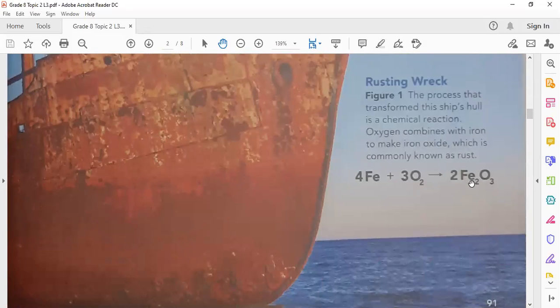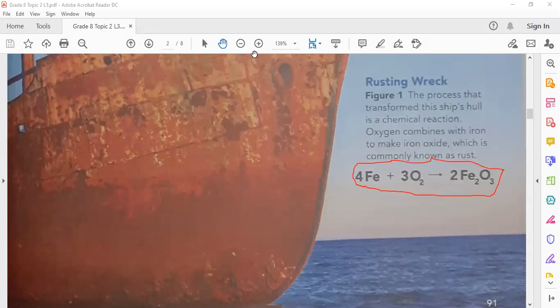Fe2O3 is the rust, or iron oxide. This is an example of how to model a chemical reaction. It is easier for us to show this reaction in this way. By the way, what is the meaning of these numbers? We will learn about these numbers in detail, inshallah, later in this lesson.